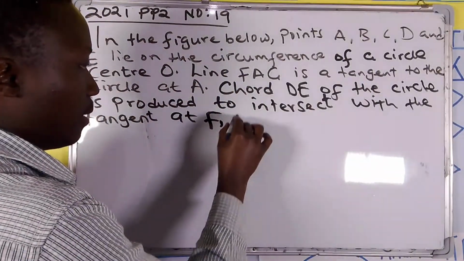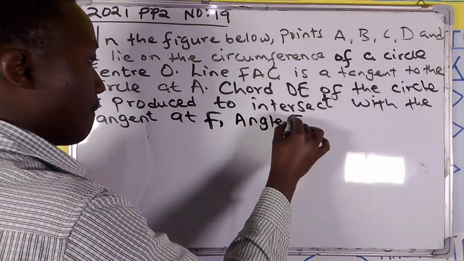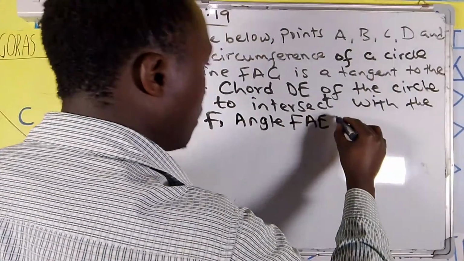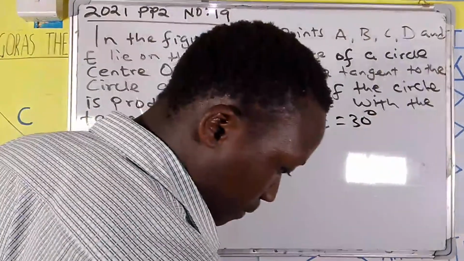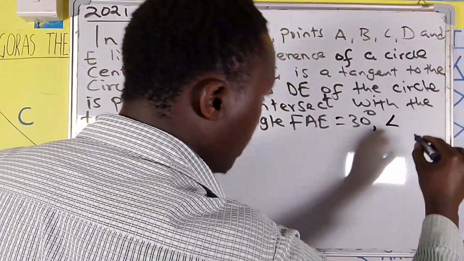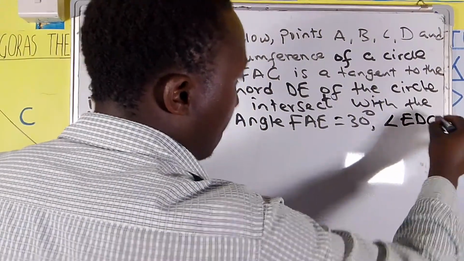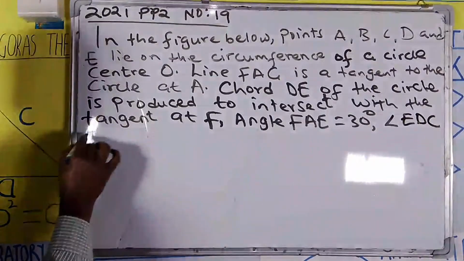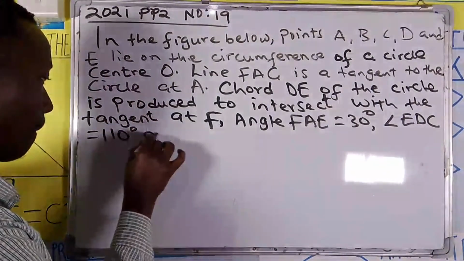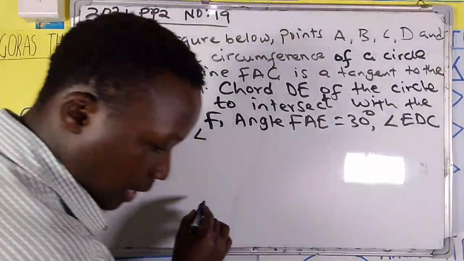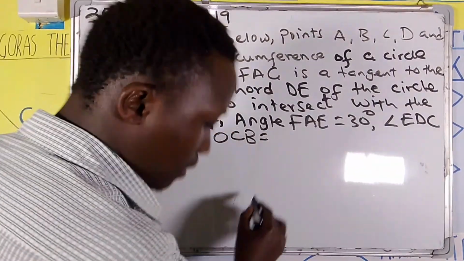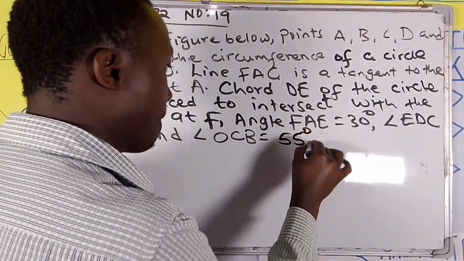Angle FAE is equal to 30 degrees. Angle EDC is equal to 110 degrees. And angle OCB is equal to 55 degrees.